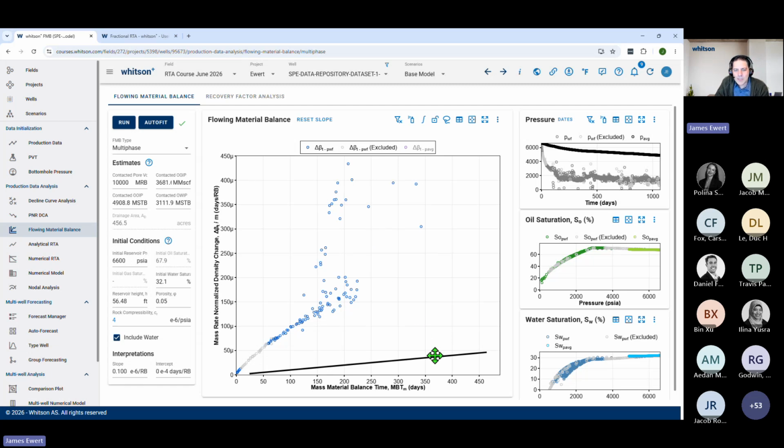And so what we want to do is to place this line as reasonably flat as we can through the data. Now the end's a little bit messy. I'm going to place it something like this. The value I like from this, when I really did a hardcore study of this well, and you can type in a volume if you want, is 900,000 barrels. I'm going to type 900 in there.